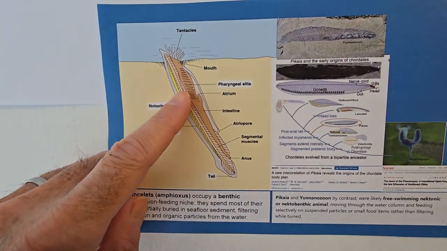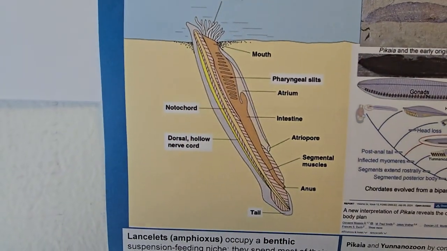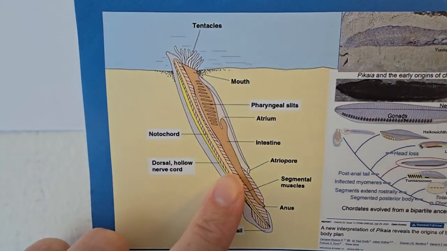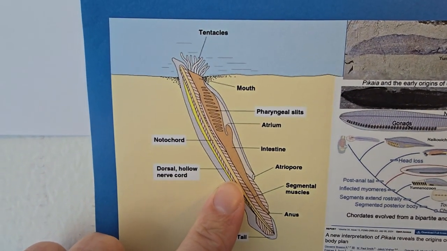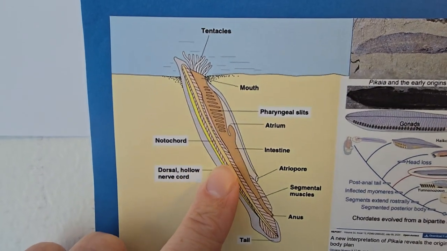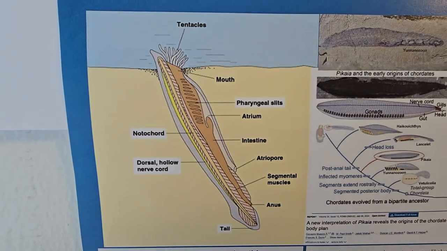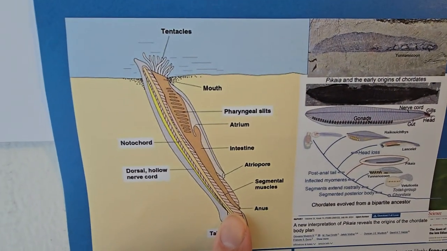The first thing is, and we'll go through these real quick. So the myomeres and the segmentation, which ultimately represent, if you have this dorsal hollow nerve cord, then you get this, and the notochord, you get this myomere pattern. That's when you have pretty advanced musculature. And it's got very advanced, modern-ish looking musculature.